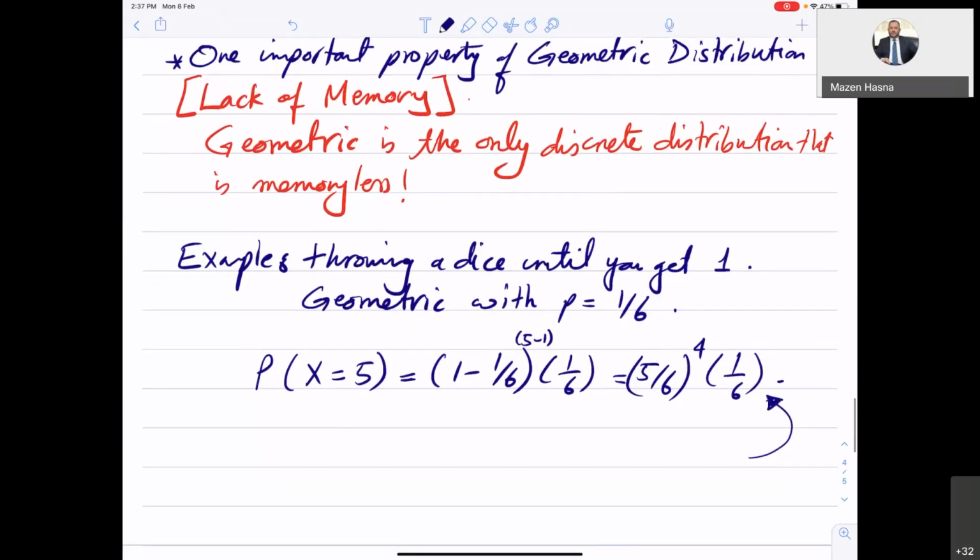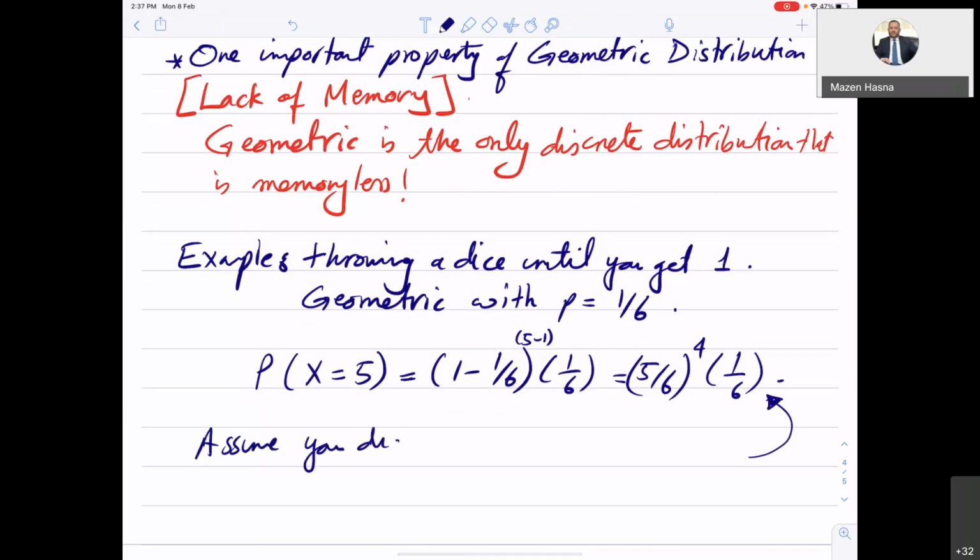So assume, let me write this down. Think about it. Assume you did 2 trials already without getting 1.